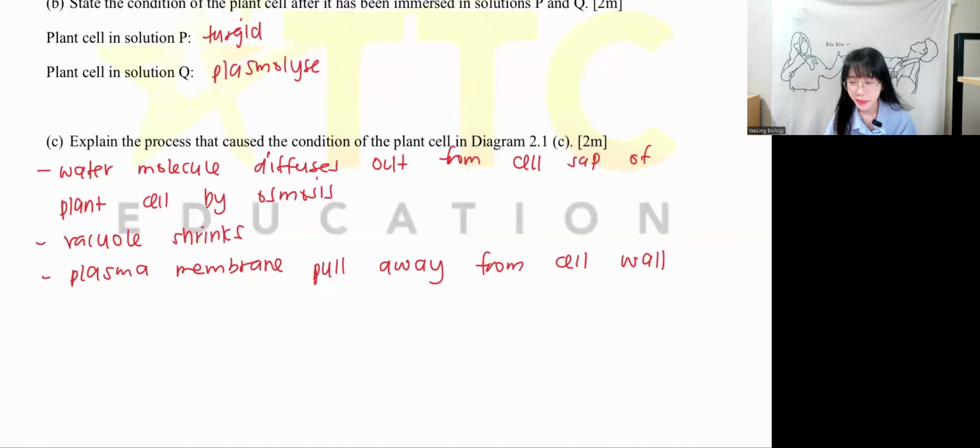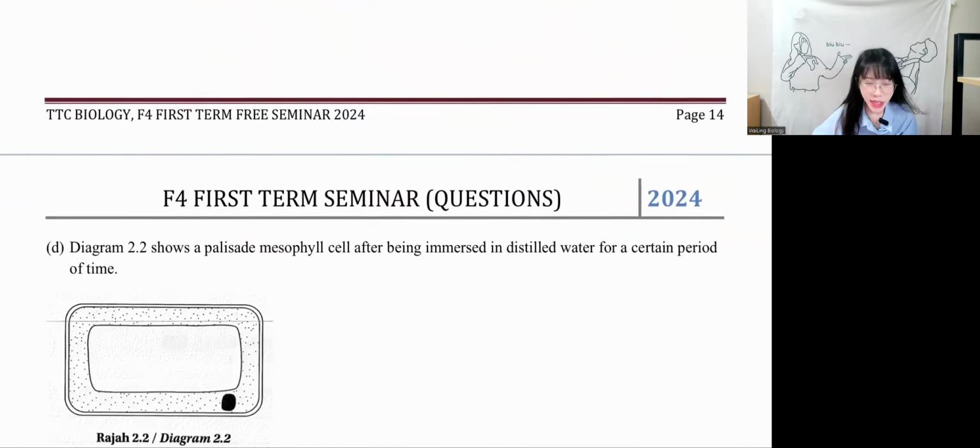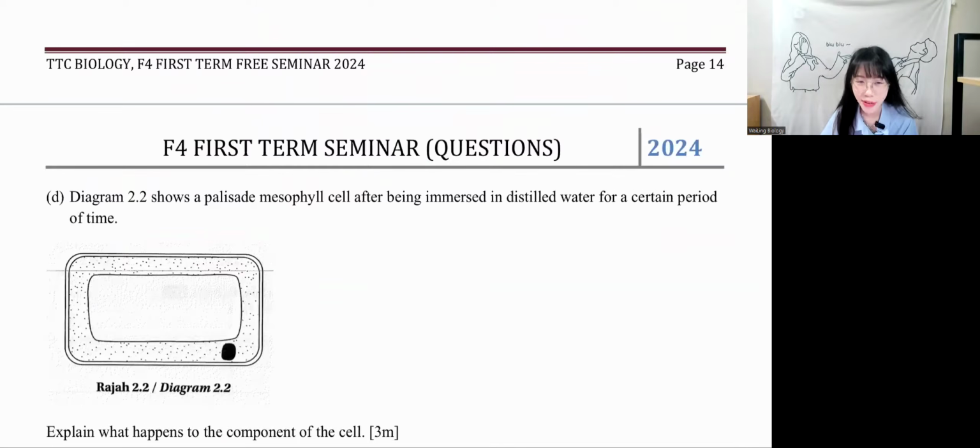Okay. Next question. 2.2 shows a palisade mesophyll cell after being immersed in distilled water for a certain period of time.